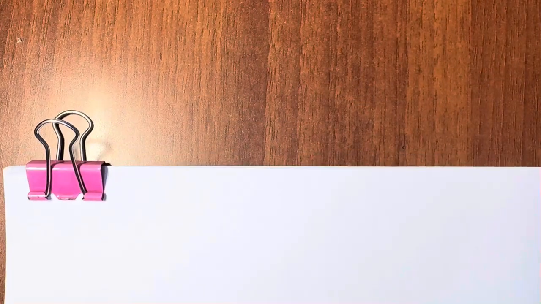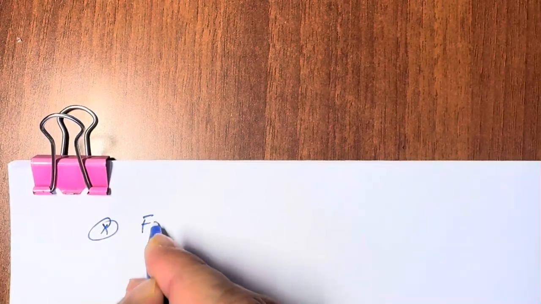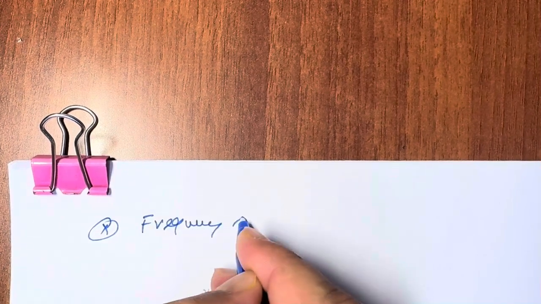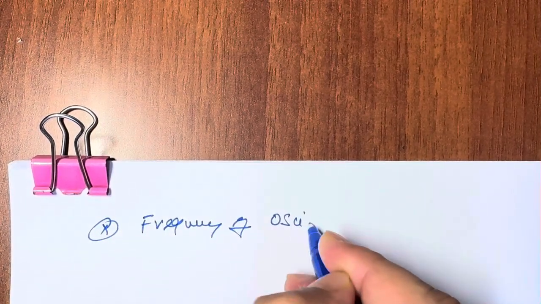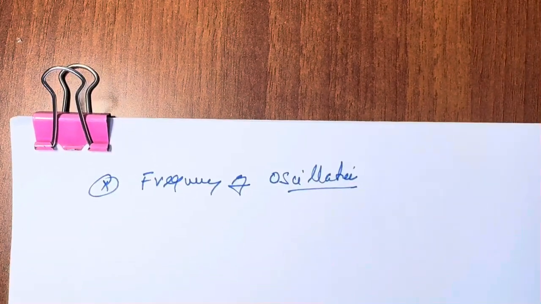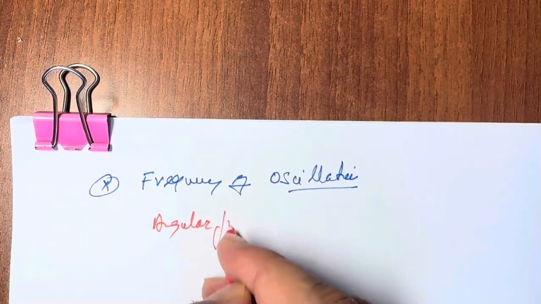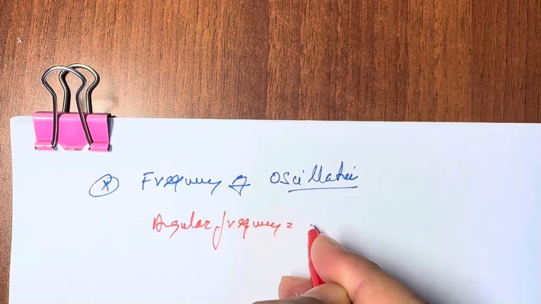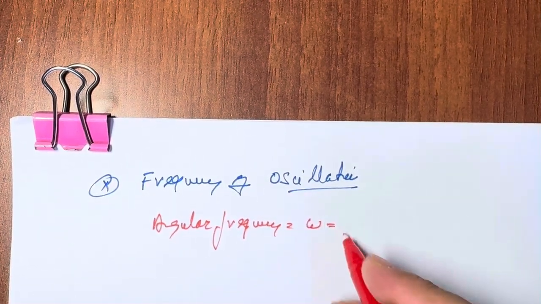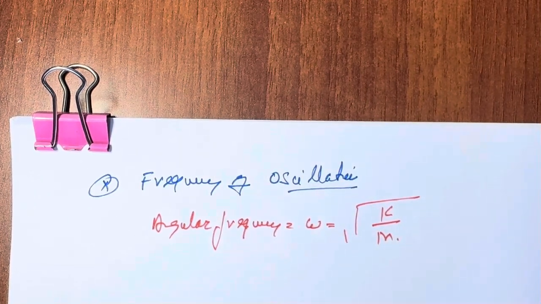Now it is almost done. We can write the frequency of oscillation. We first start with our angular frequency, that is omega is equal to square root of k divided by m, where k is the spring constant.